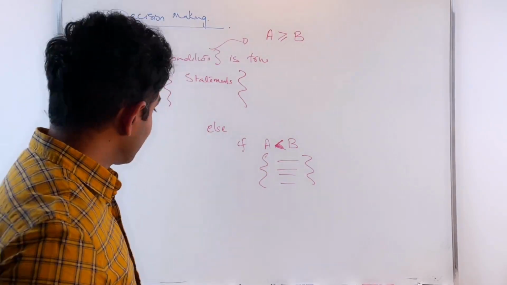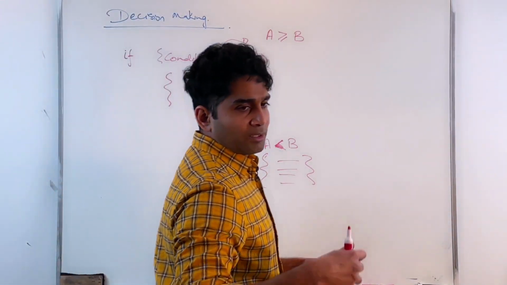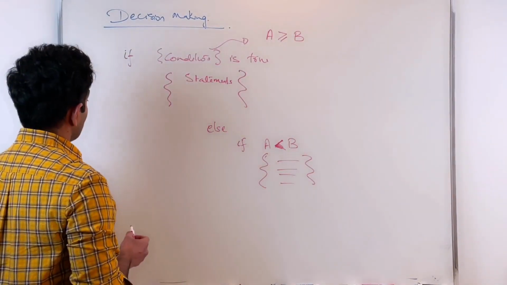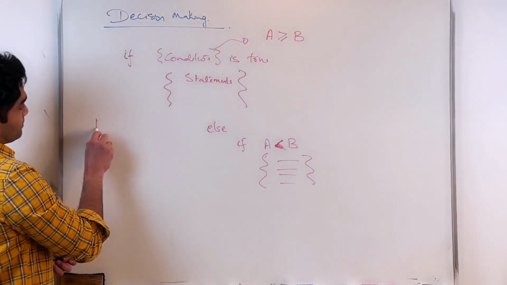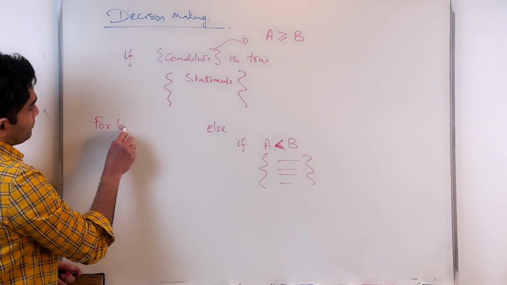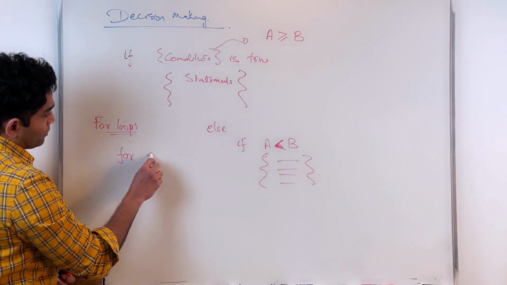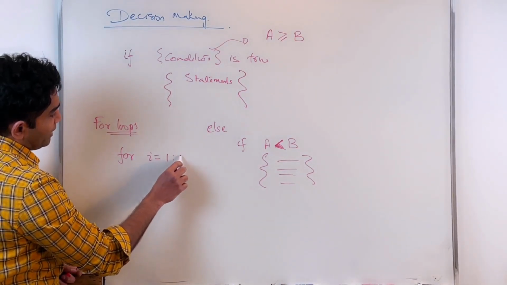You're delegating some of the decision making to the hardware, to the computer, right? Now the other instance is when you're doing for loops, for example. Again, you're writing a loop for i equals 1 to n.